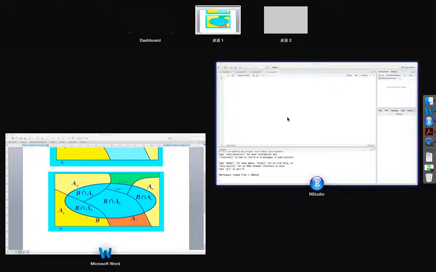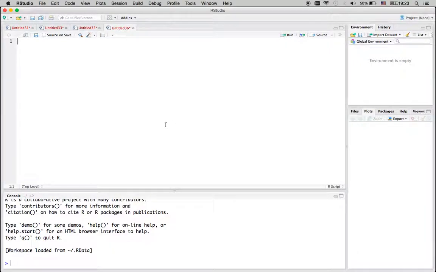So now let's do an example to show you the law of total probability and the Bayes theorem. I'm going to make up this example right now, so I don't have the correct answer, but I'm just going to show you how to calculate the probability using these two theorems.